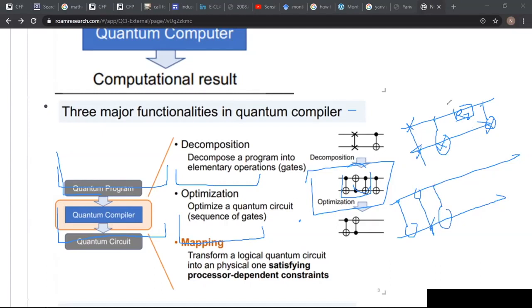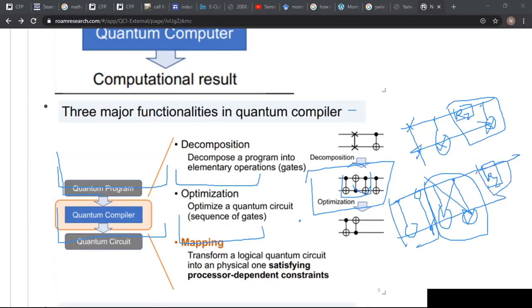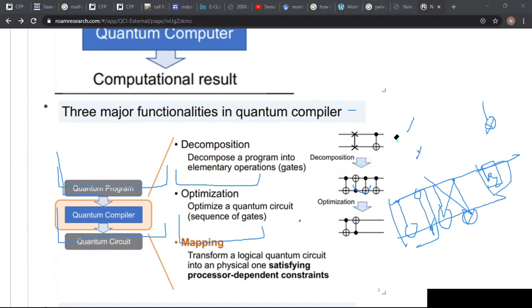And with the commutation rule, I can interchange the position of these two gates. So I can bring this to over here and this to over here. So in the next step, when I optimize it, I see these two gates are repeating each other, so I can get rid of them. I can directly put this part and this part in the next part. So this is the application of commutation rules and how they're helpful in optimizing a quantum circuit.